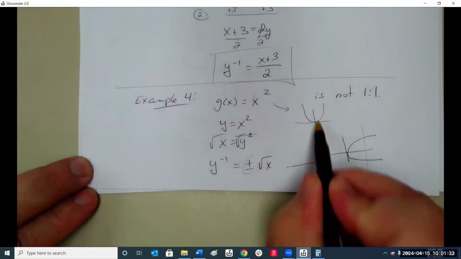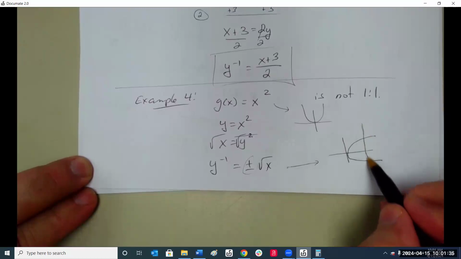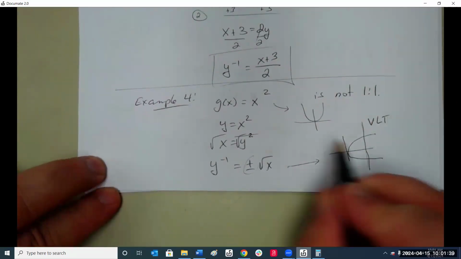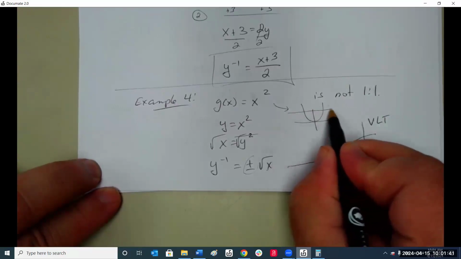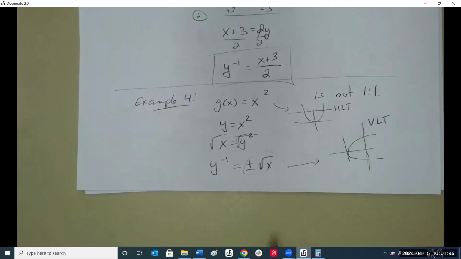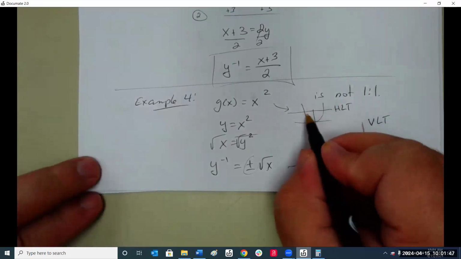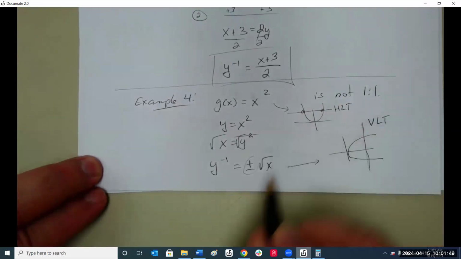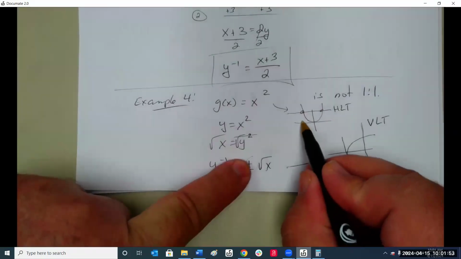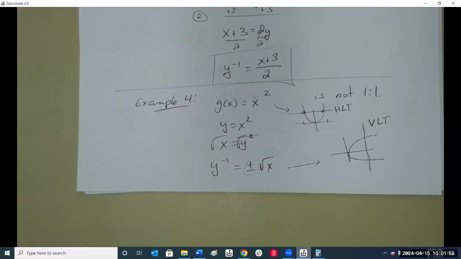The inverse fails the vertical line test, but the original function fails what's called the horizontal line test. If the original function has the same y values for two x values, then it fails the horizontal line test. That means it's not going to have an inverse.